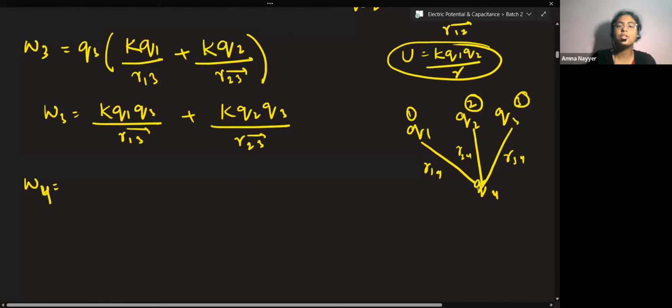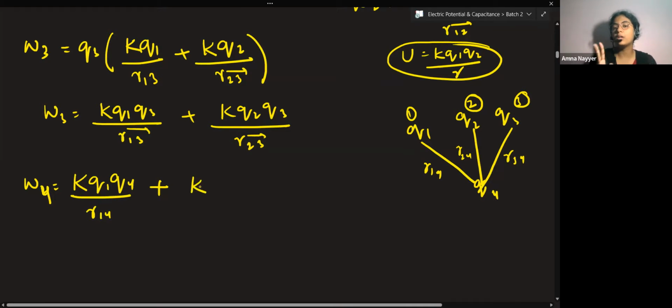Firstly, potential on Q4 because of Q1. General formula says K, first charge multiplied by second charge. Q1 multiplied by Q4 divided by the separation. Separation here is R14 plus. Now, if I talk about this charge, Q4, K is the constant, will be the same.